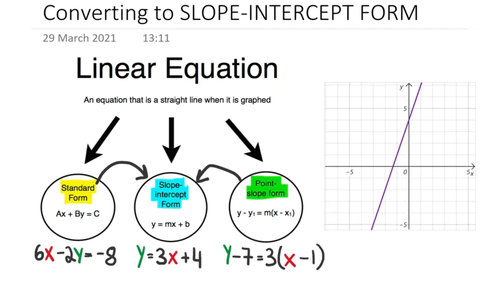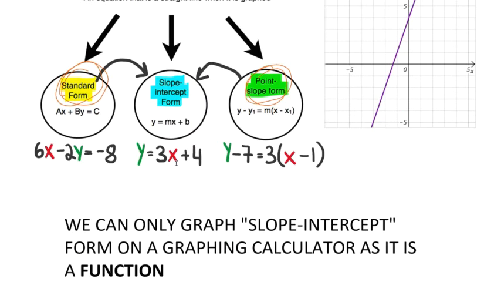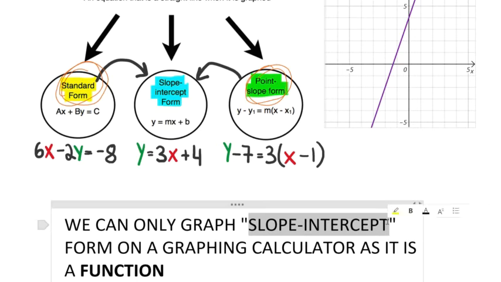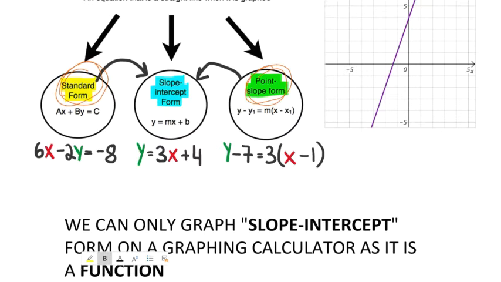Why are we not able to graph Standard Form or Point Slope Form? Because as we can see from the example below, we can only graph Slope Intercept Form on a graphing calculator or Desmos, the graphing website that we use in class, as it is a function as we've previously seen, because you have an input x and an output y.